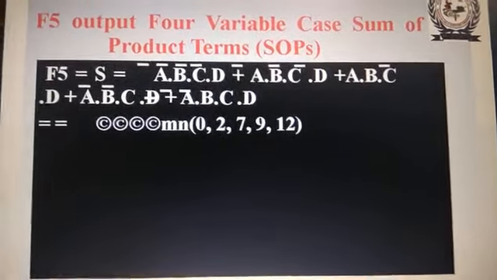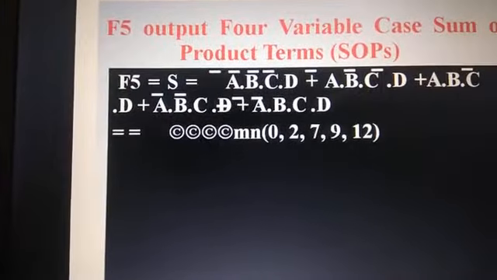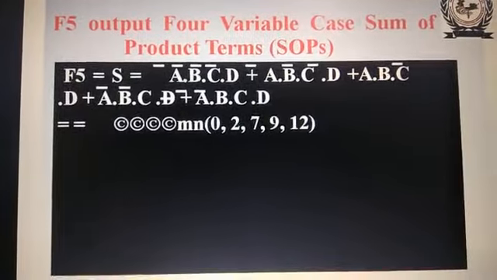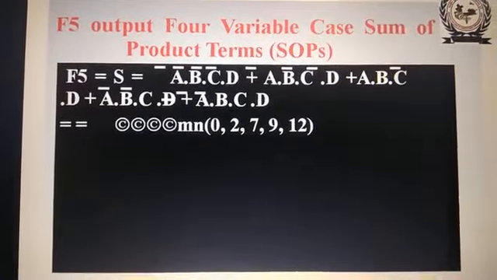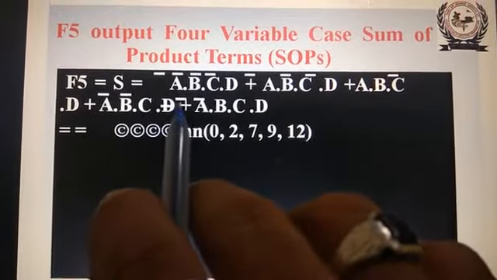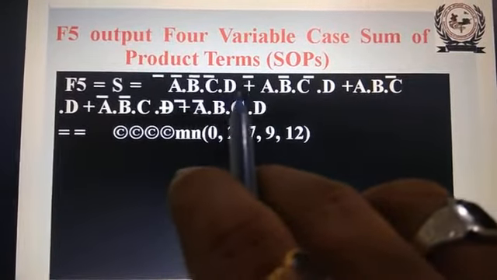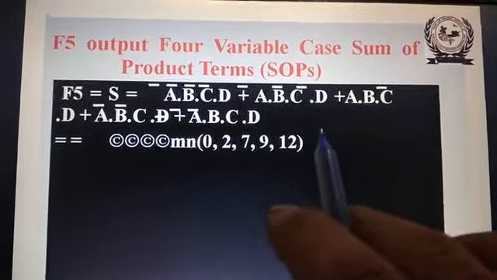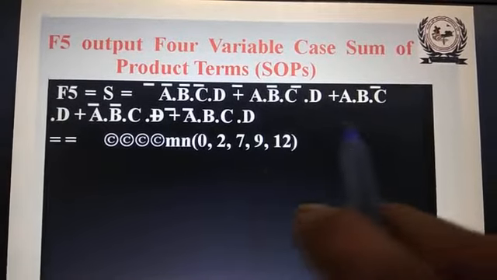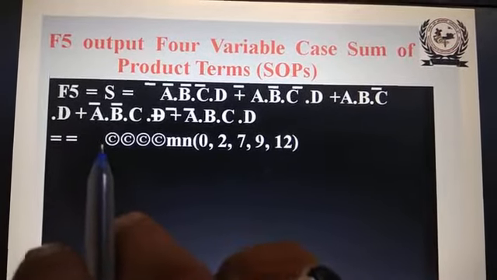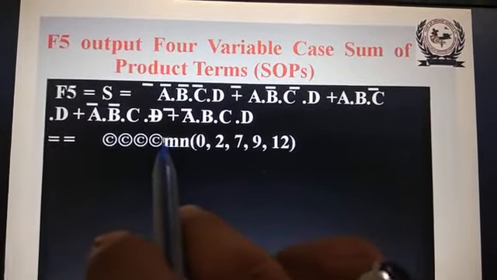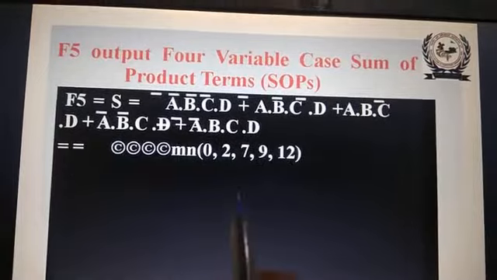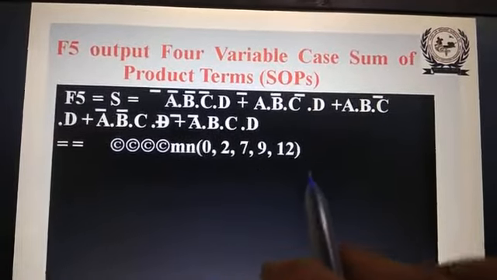So you can take the products here. F5 is equal to sum of A bar, B bar, C bar, D bar; A bar, B bar, C bar, D; A, B, C bar, D; A bar, B bar, C, D; min terms of 0, 2, 7, 9, 12.